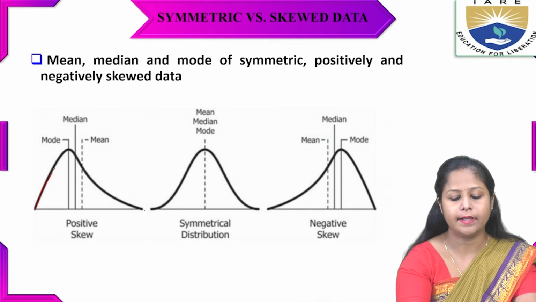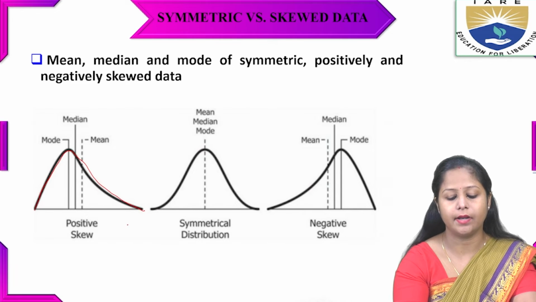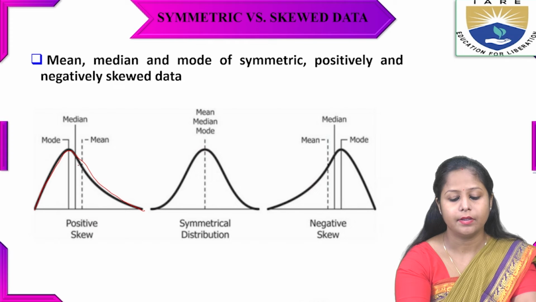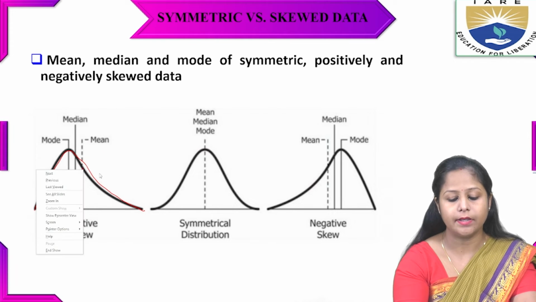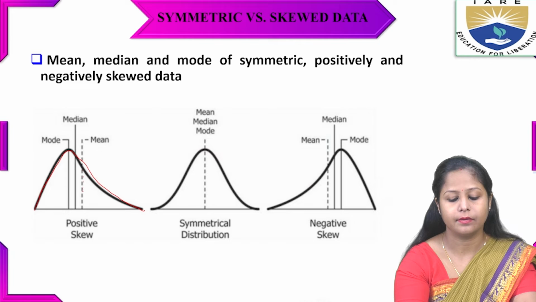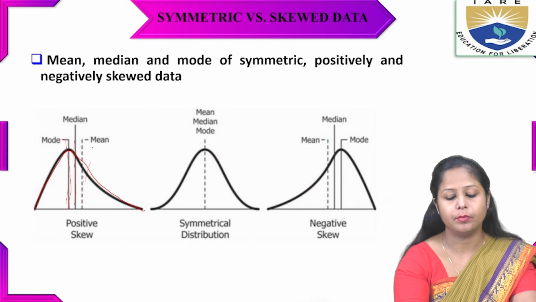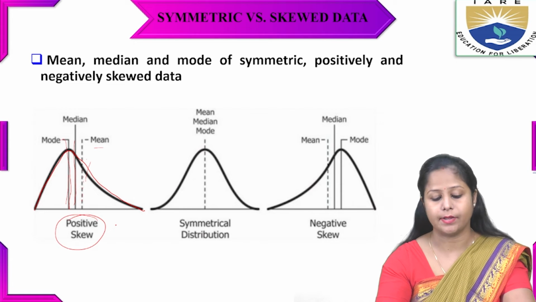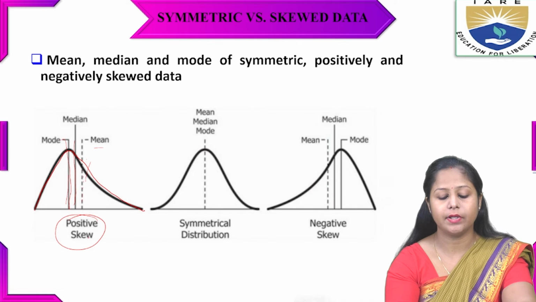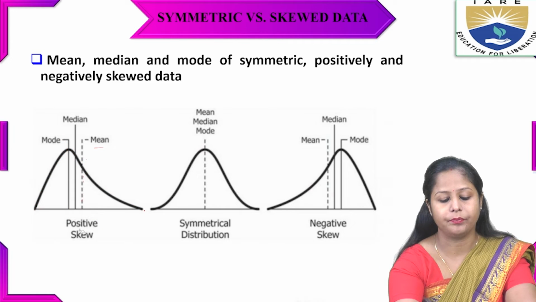Here the mean comes on the right-hand side. The mean is coming here, the median is coming here, and the mode is coming here. Since the mean is on the right-hand side, we call it positively skewed data. That is the positively skewed dispersion of the data.